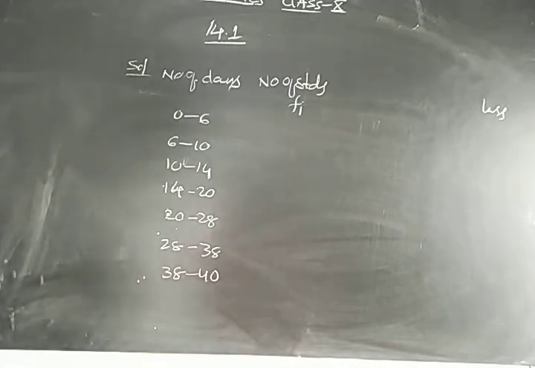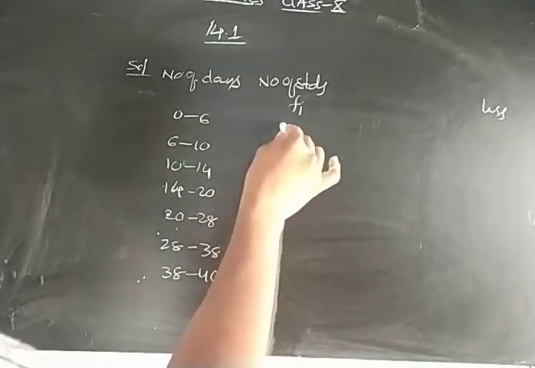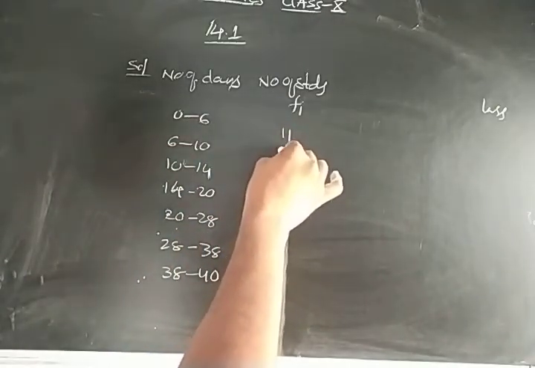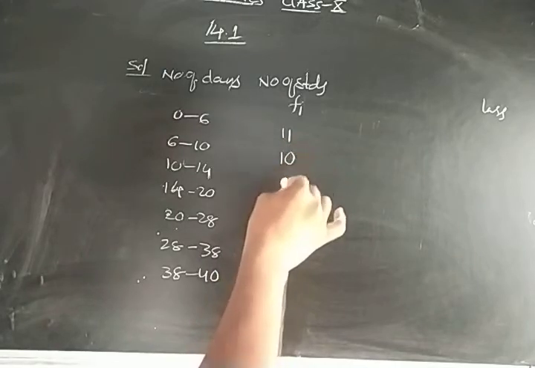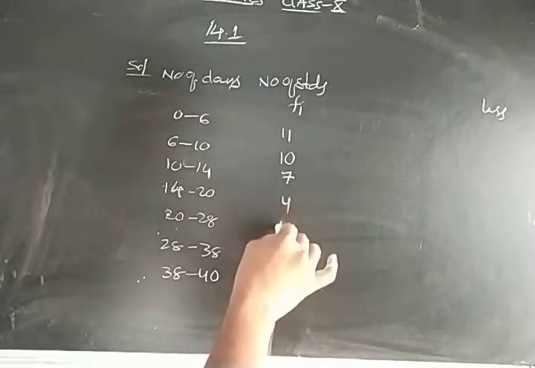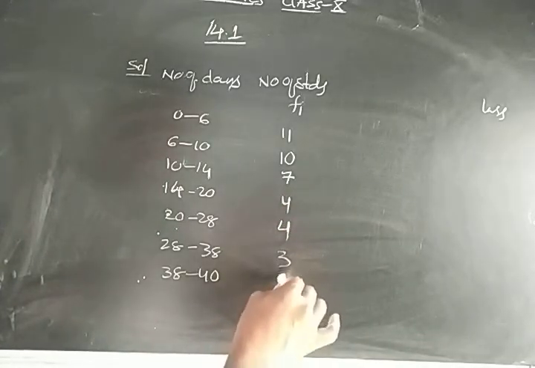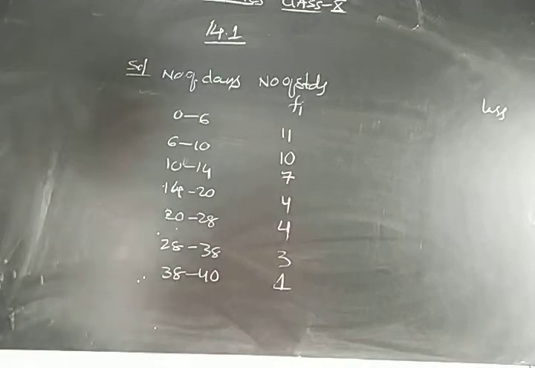Now fi: for the first interval 11, for the second interval 10, for the third interval 7, next 4, 4, 3, and 1, as given in the question. This is fi.